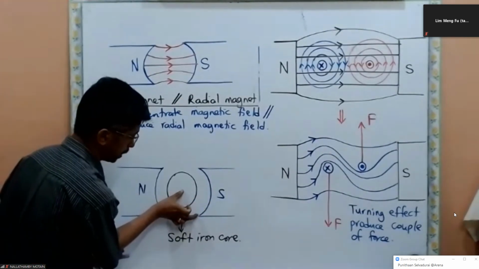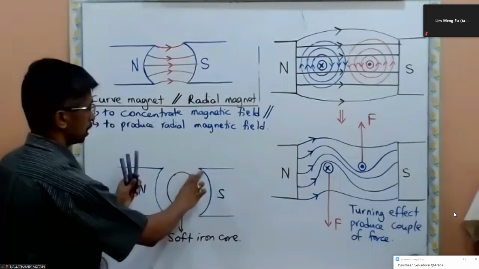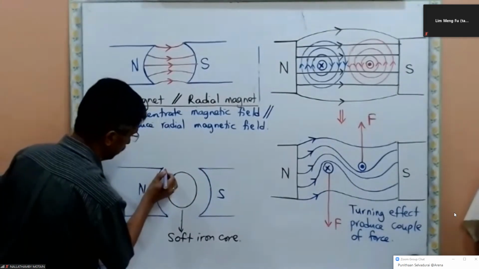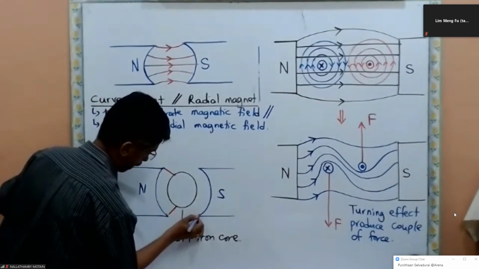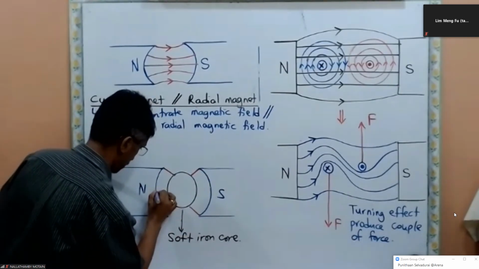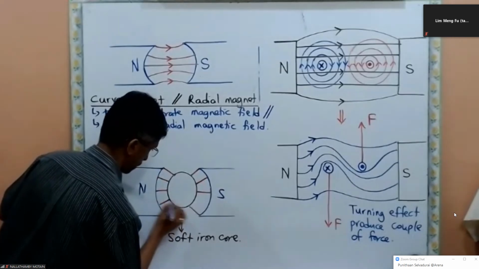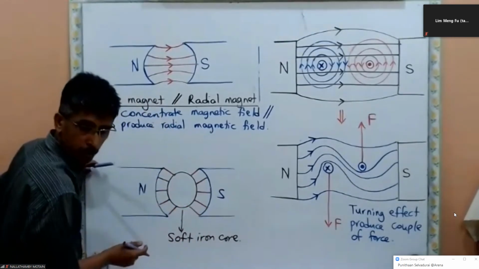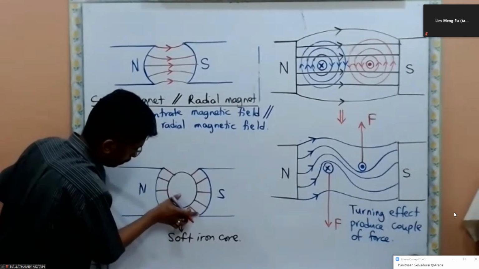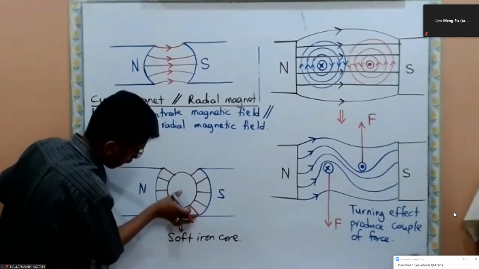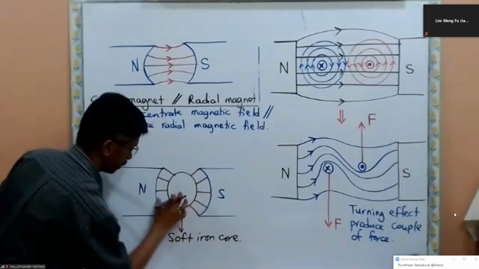Okay, look at this. This is what we call the radius, right? Radius. So that's why we say radial magnetic field. So what happens is the magnetic field goes like this. So it produces a radial magnetic field.